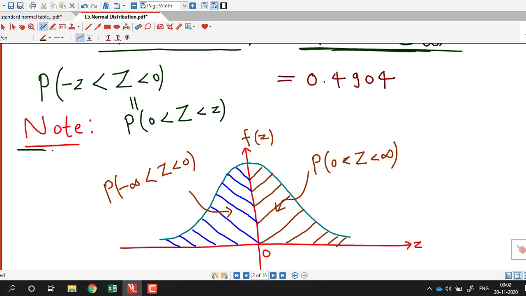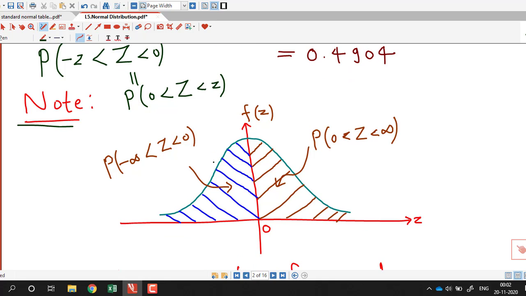We can make this remark. You can see these two shaded areas here, marked by these blue lines. This area is to the left of z equal to 0, and this area is to the right of z equal to 0. That is the probability from 0 to infinity, and the area to the left of z equal to 0 is the probability from minus infinity to 0.